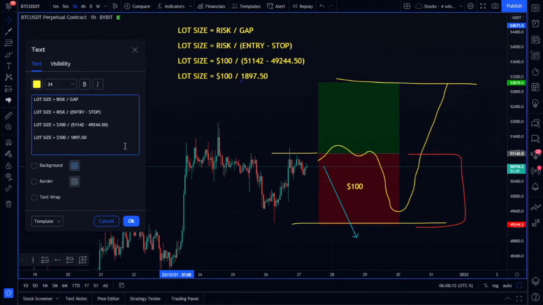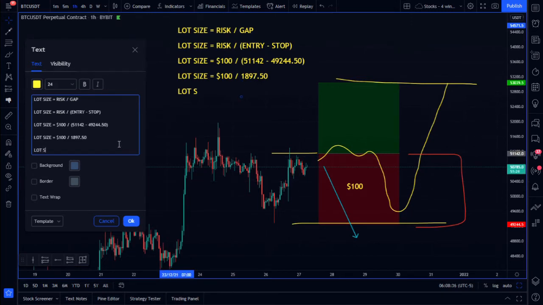So it was the entry price minus the stop price, because we want to know what's the difference, what's this gap. So take the higher number and minus the lower number to give you this difference. And you'll see how that matters more when we do a short example. We'll get to that in a moment.